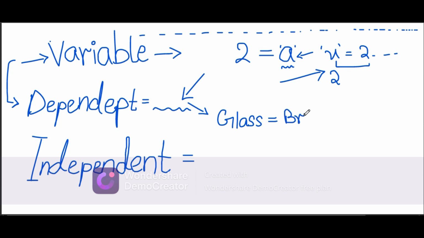Anything that can be done by an experiment or a mathematical figure is known as a dependent variable. Right here my glass is my variable that stores this, that is break. That was just a critical example.